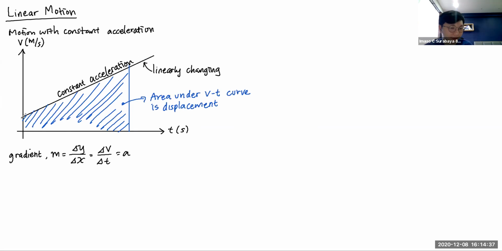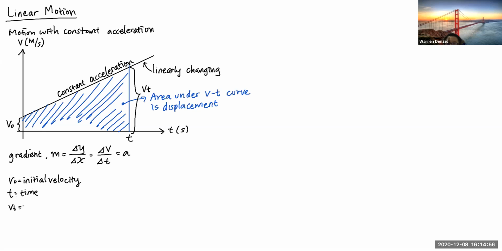So we can find a formula. For example, this one is called V0, the initial velocity. This one is the time. And this one we call Vt, the velocity at time t.